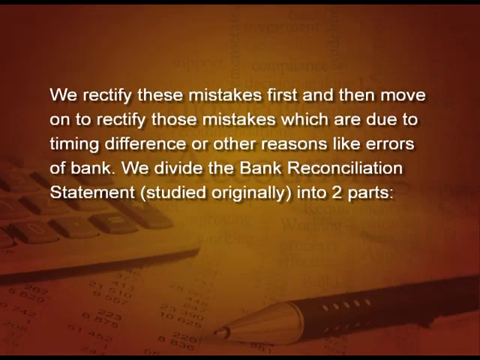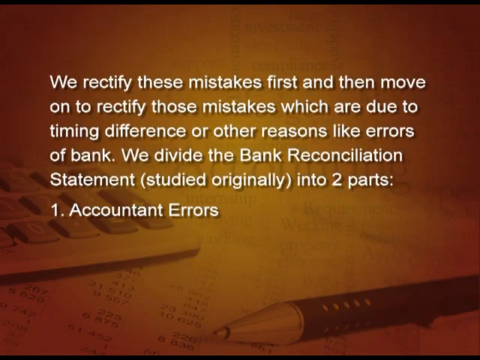When we rectify these mistakes, we then move on to rectify those mistakes which are due to the timing difference or other reasons like error of the bank. So, in fact, we divide the bank reconciliation statement which we have studied originally into two parts. First part, the accountant errors versus the second part, the other errors.